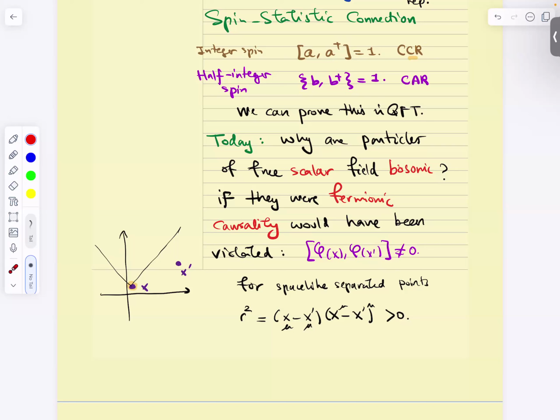Signal propagation is a commutation relation because you send a message and then get back a result. If you want to mess with something in a controlled way, the commutator should not vanish. So the commutator has to vanish outside of the light cone. That is the absence of superluminal propagation of information.